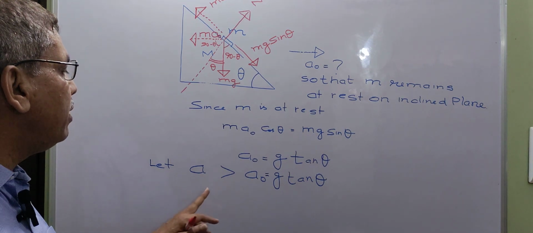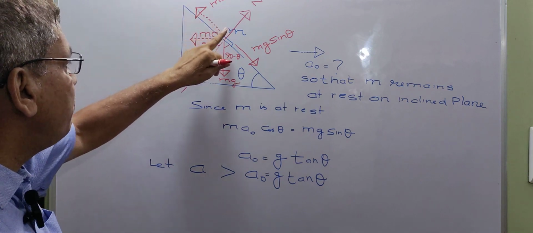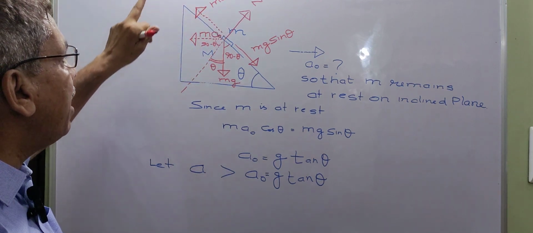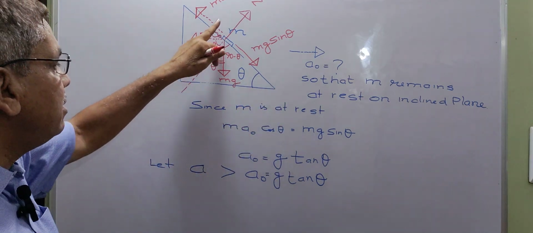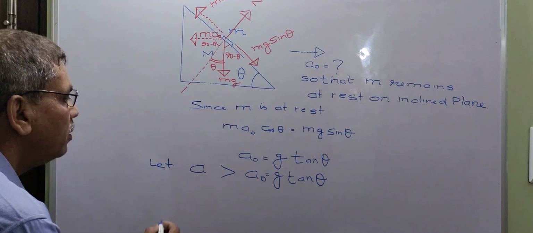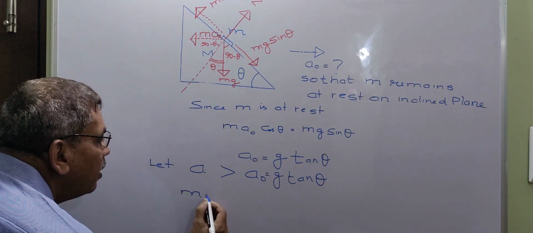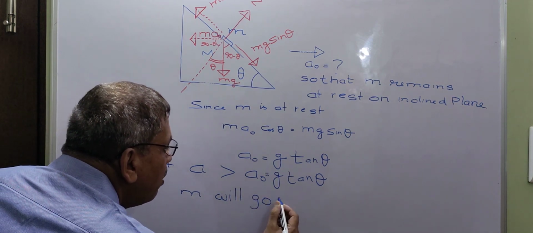Then in that case this component, ma cos theta, will be acting in the upward direction, and mg sin theta will be in the downward direction. Since this acceleration is more, the block m will go up the incline.